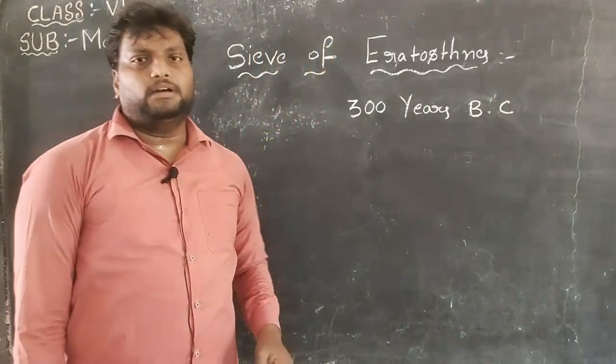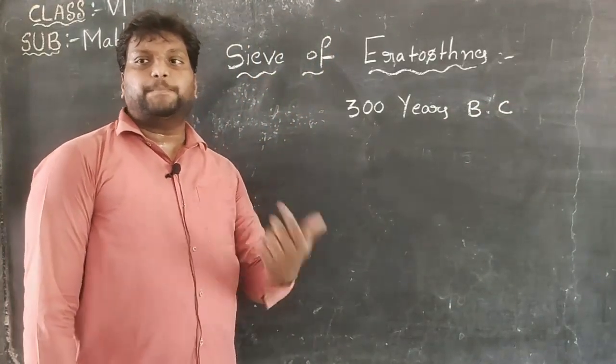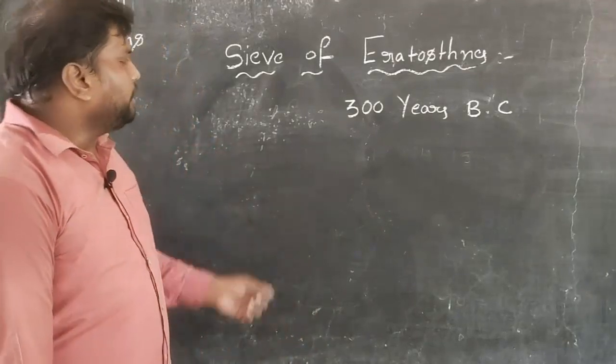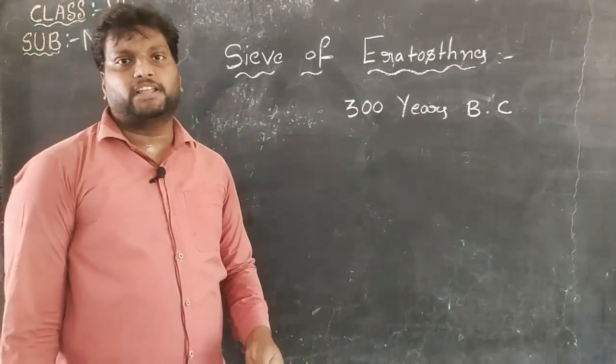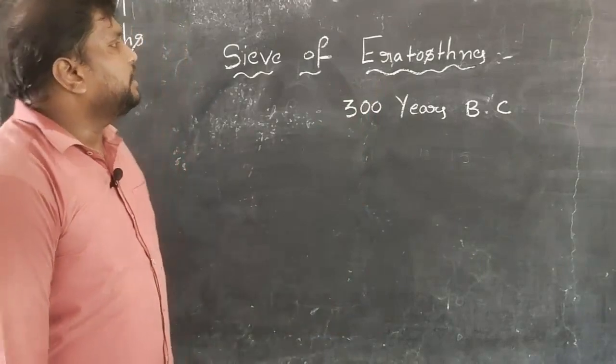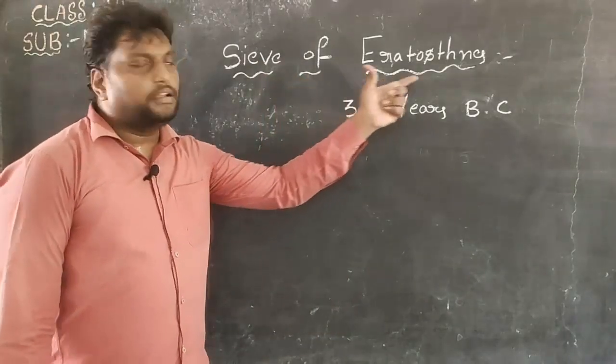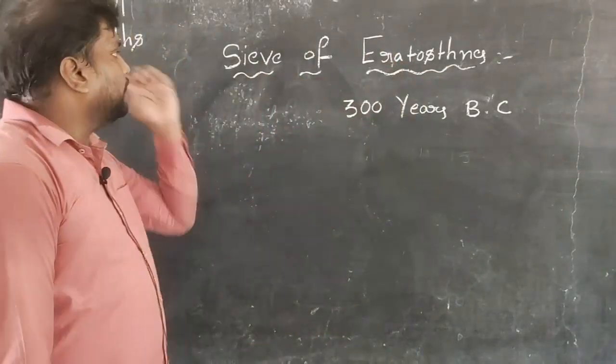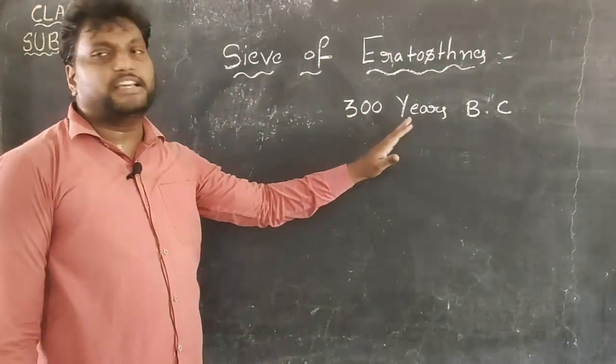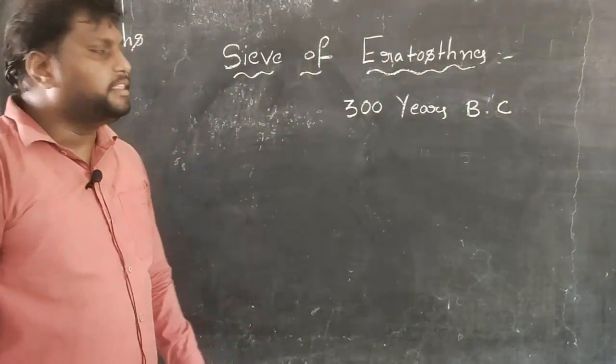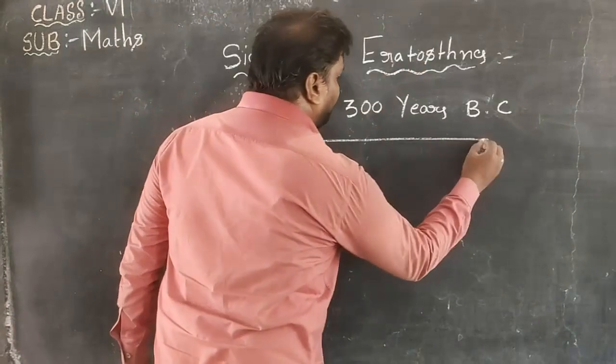For example, out of the given numbers, which is the prime number and which is the composite number? Here, one great Greek mathematician, Eratosthenes, defined one method that is called the sieve of Eratosthenes. He invented that in 300 BC. In that, he took one table.